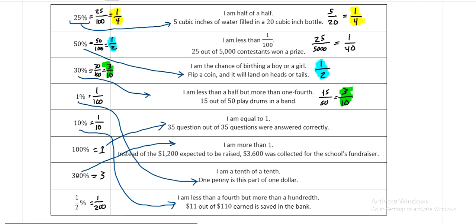That would be 300% of what they expected, because the 3,600 would be the numerator in that case. All right, and the last one, 0.5% matches up with 1/200th. Hopefully you caught me when I made that simple mistake earlier.